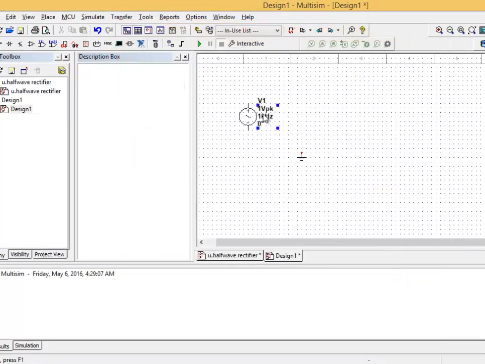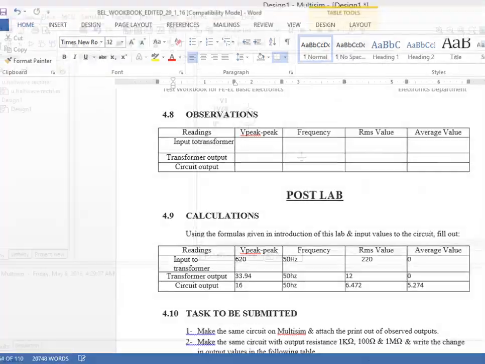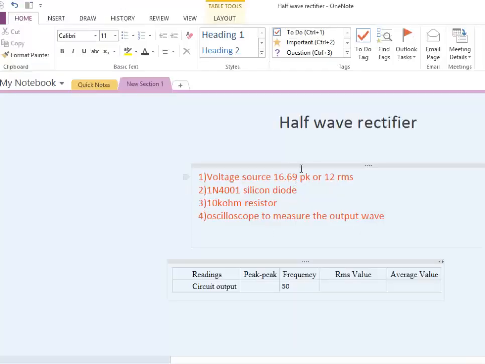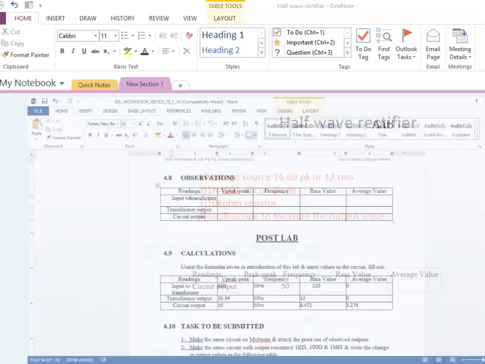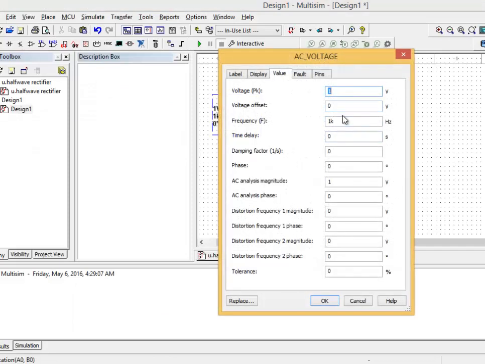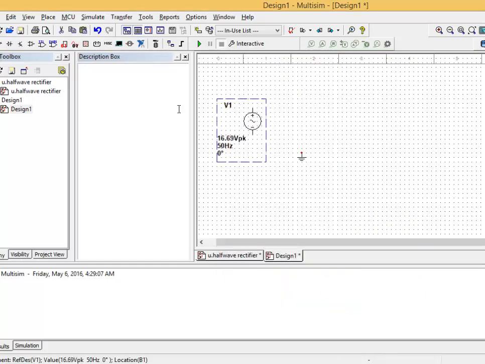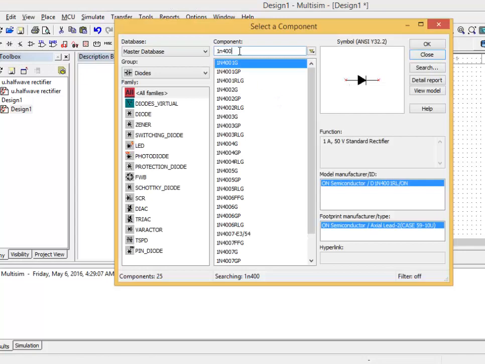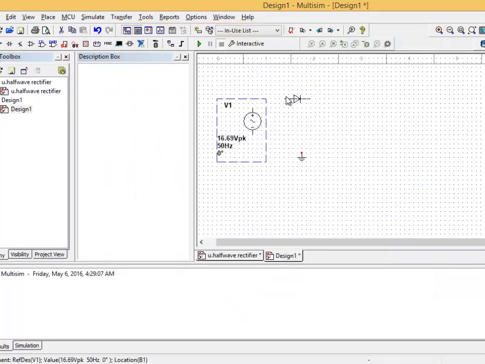I have to take the value of 16.69 peak, so I'm going to write it here, 16.69 peak. Frequency is 50 Hz. Then we will place a diode 1N4001. 1N4001 is right here.